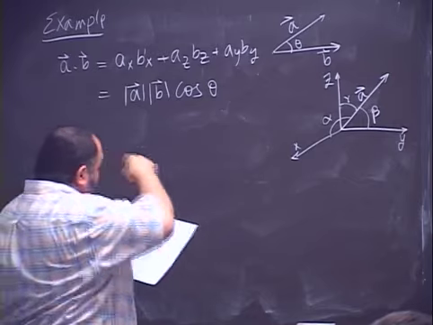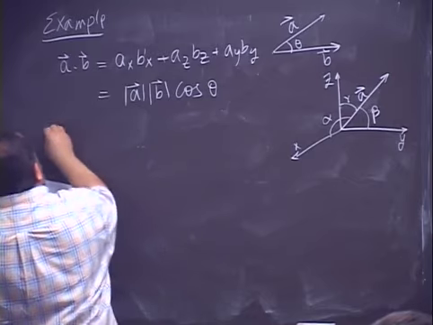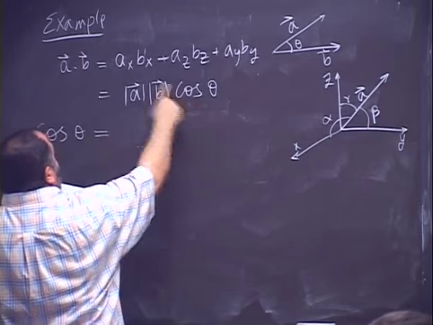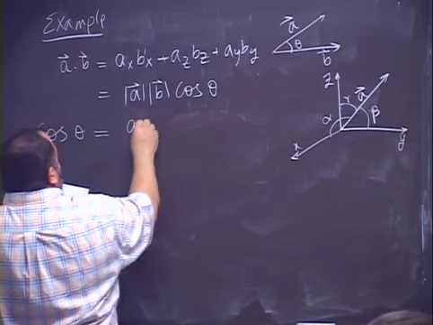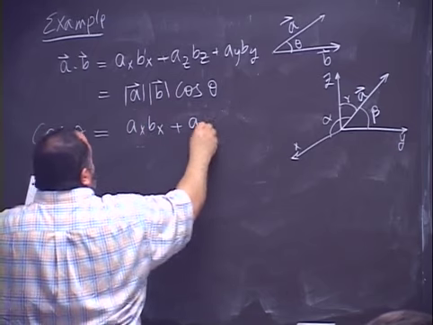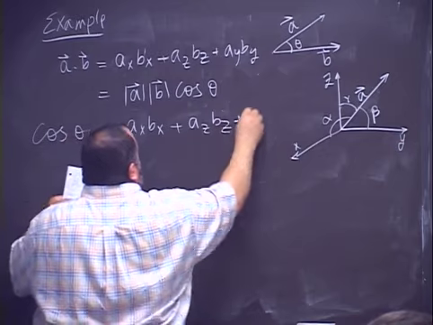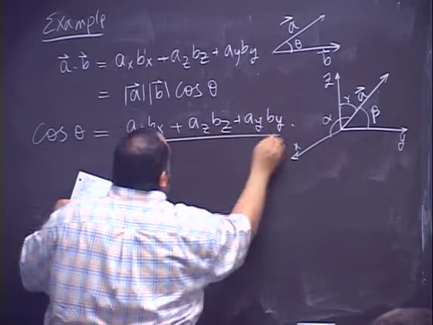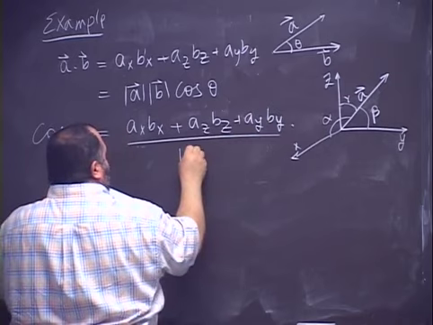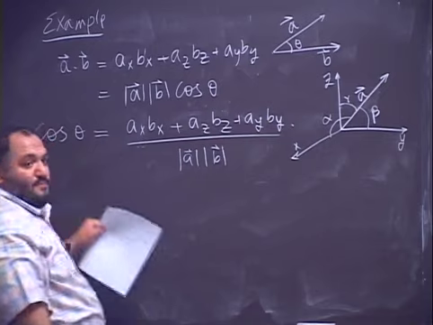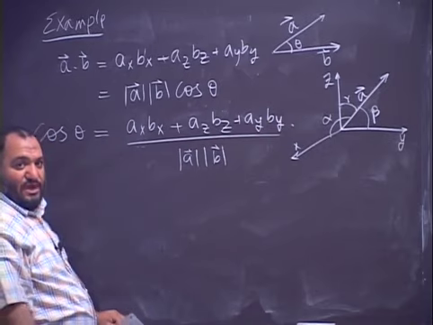So let's put cosine theta on one side. Cosine theta is nothing more than AX BX plus AZ BZ plus AY BY, all of them divided by the amplitude of vector A and the amplitude of vector B. Is it okay?